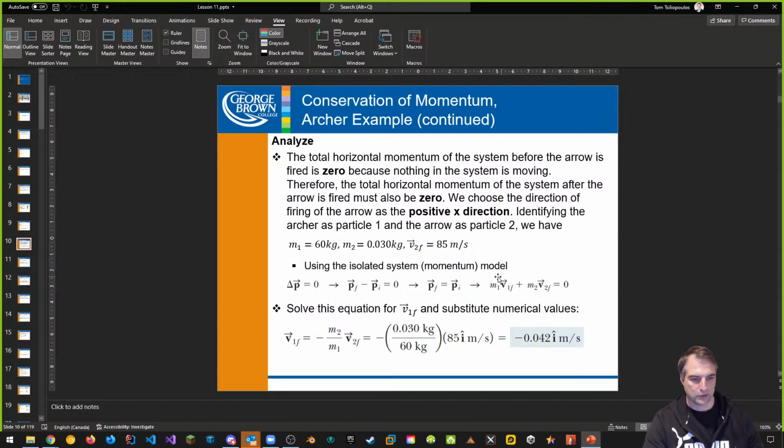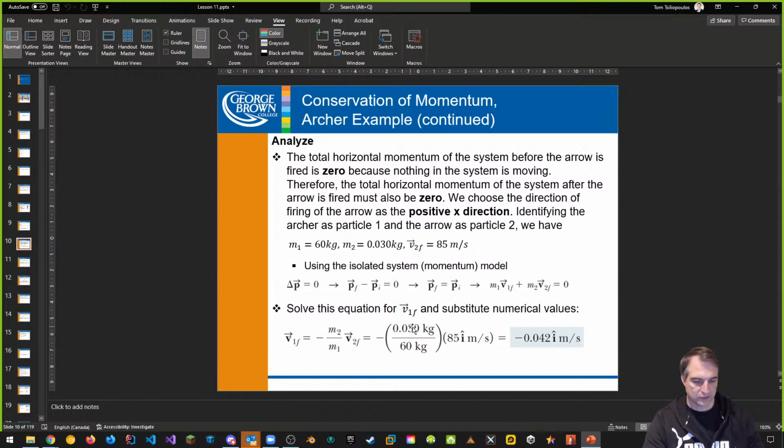And if we put the formula down where we have mass 1 times velocity 1 final plus mass 2 times velocity 2 final is equal to 0, they have to balance off, right? Then we can massage the equation where we want to know that velocity 1 final is equal to mass 2 over mass 1, so 0.03 kilograms over 60 kilograms.